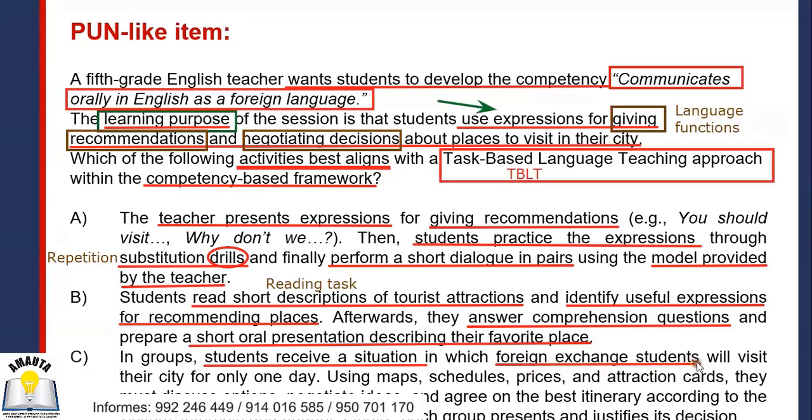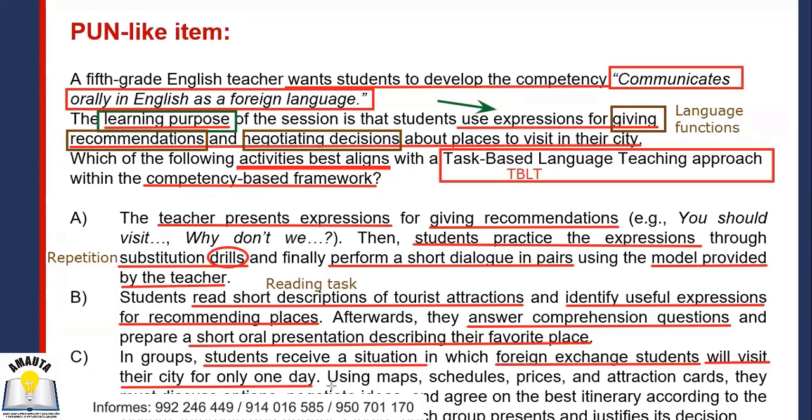Foreign exchange students that are not Peruvians, students from schools in different parts of the world. They come here for an academic exchange, and they visit us here. They will visit their city for only one day. So this is the situation: foreign exchange students will visit their city for only one day.